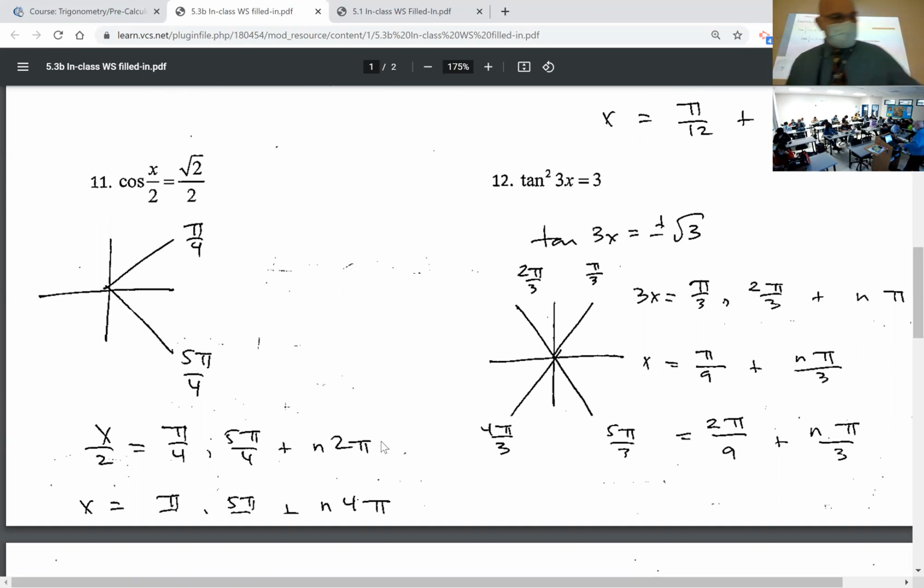So pi over 4 and 7 pi over 4 plus any number of times around the circle, plus n2 pi. I need to multiply by 2 to get rid of that 1/2. So it turns out to be pi over 2 plus 7 pi over 2 plus n 4 pi.